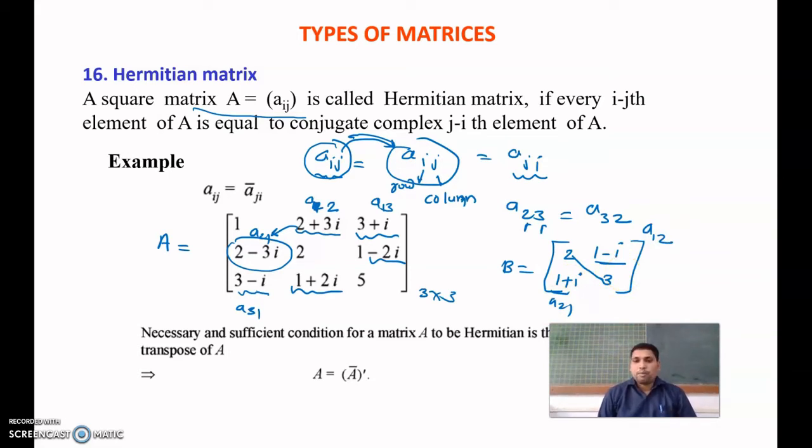And there is another property of the Hermitian matrix. Suppose your given matrix is a Hermitian matrix, and when you take the transpose of its conjugate, then you will get the same matrix. I will show you this with an example. First of all, I will take the conjugate of this matrix.